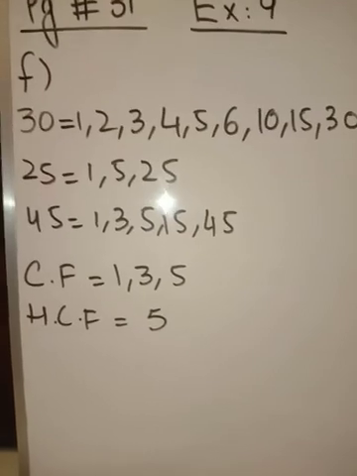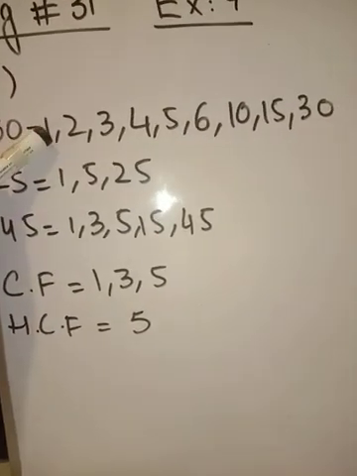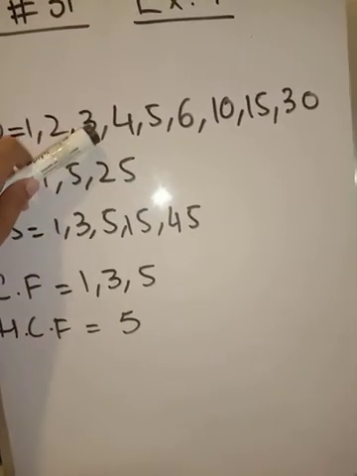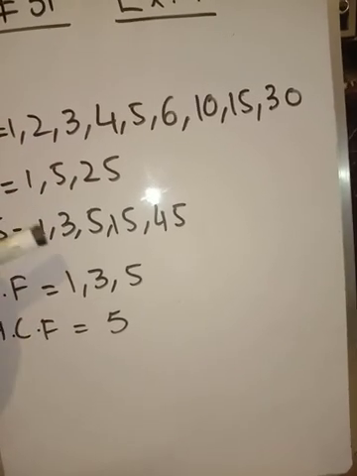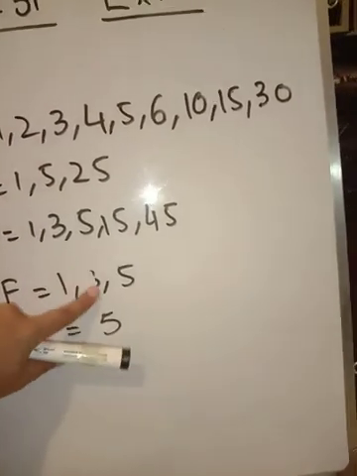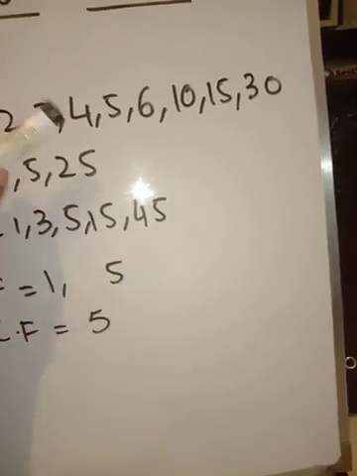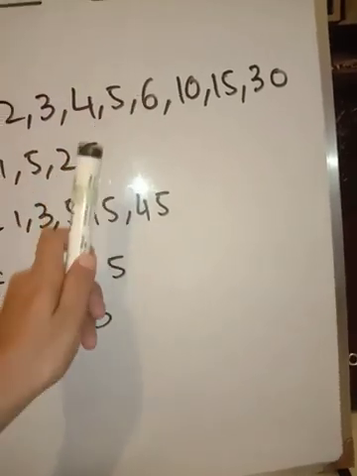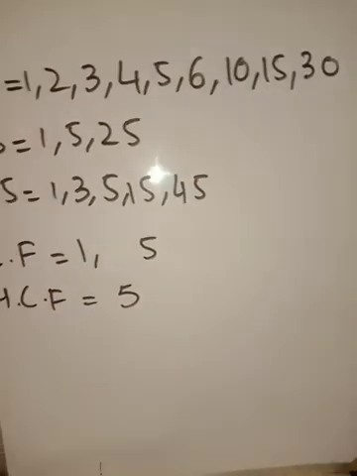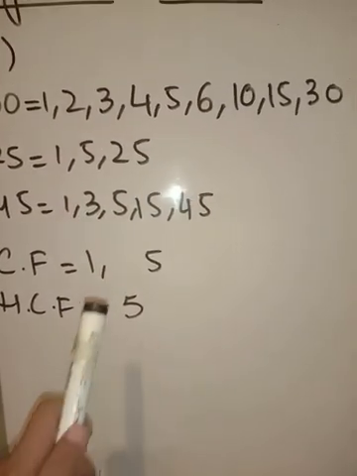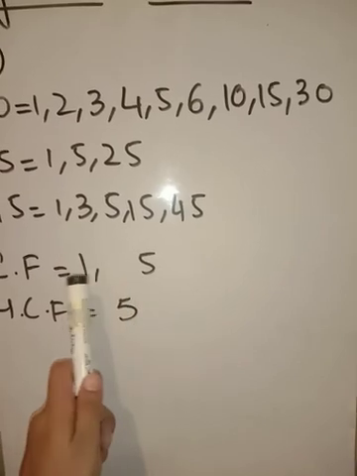So what is the common factor in all these? We have 1. 3 is in just 30 and 45, so 3 cannot be considered a common factor. And then 5 is in 30, 5 in 25 and 5 in 45. So 1 and 5 are the common factors, but the highest common factor will be 5 because 5 is greater than 1.